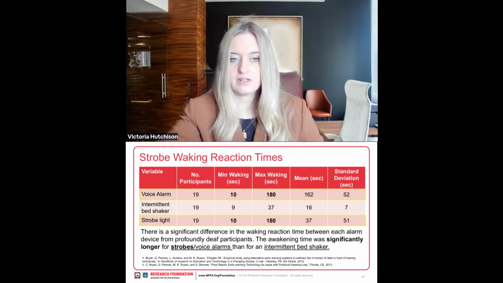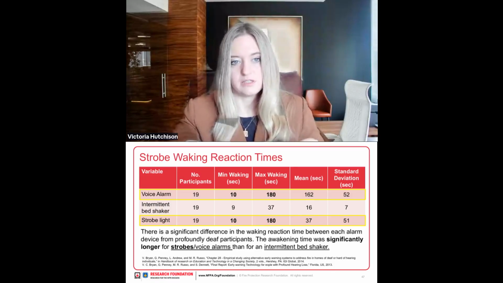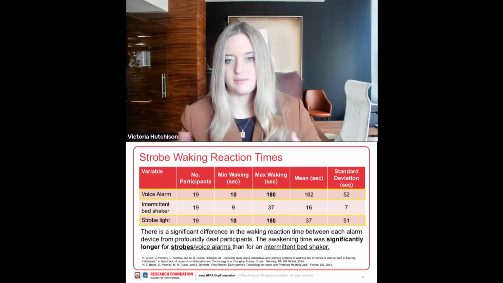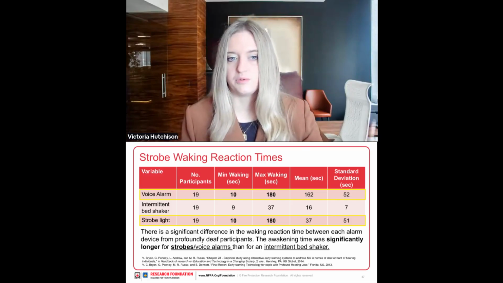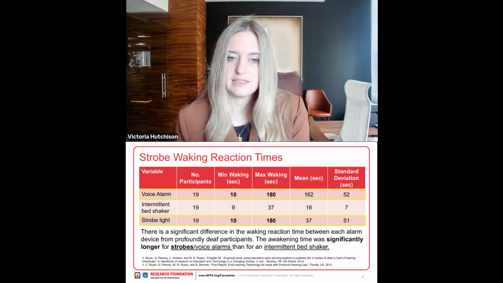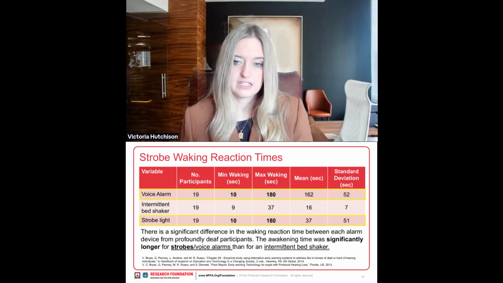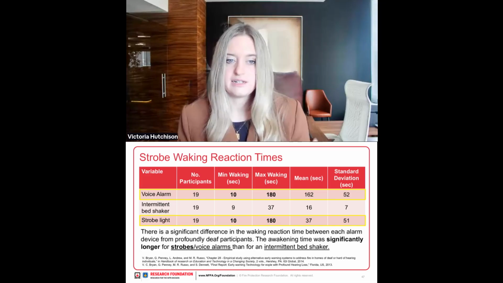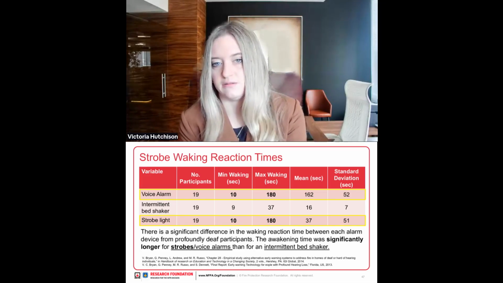When you look at that same data, comparing the voice alarm, bed shaker, and strobe light, the waking time is where we see a significant difference. So even though the study did show that the strobe was effective at 177 candela, there was a significant difference in waking reaction time between the different devices for deaf participants, and it was significantly longer for strobes and voice alarms in comparison to the bed shaker.